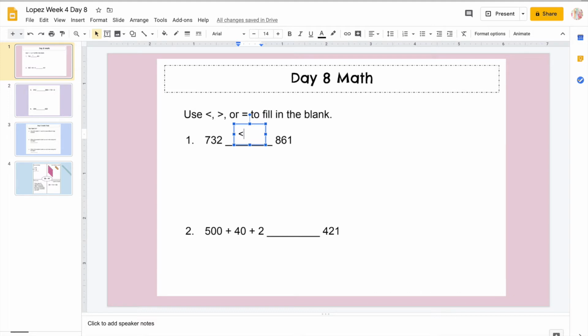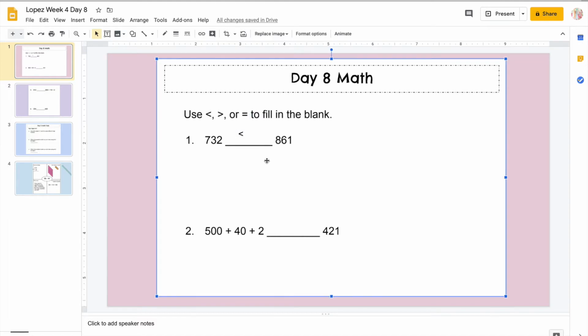That's how we are going to base the sign off of. So 732 is less than 861. Always check your work by making sure that the alligator, if you remember that video you watched, the alligator mouth is opening to the biggest number.